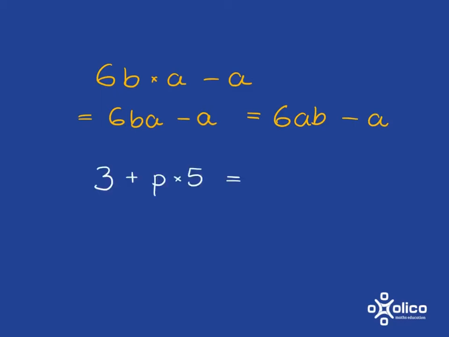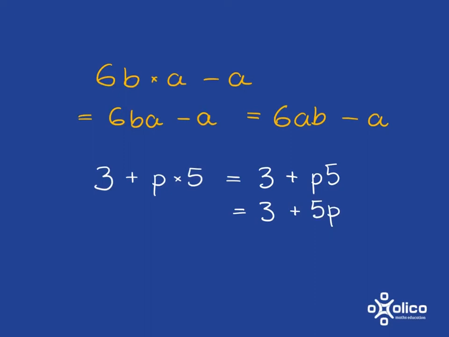And say we had something like 3 plus p times 5. Again, we have to do multiplication first. So we could write this as 3 plus p5, because in algebra we don't write the multiplication sign. But also in algebra, where we have a letter and a number, we prefer to put the number first.